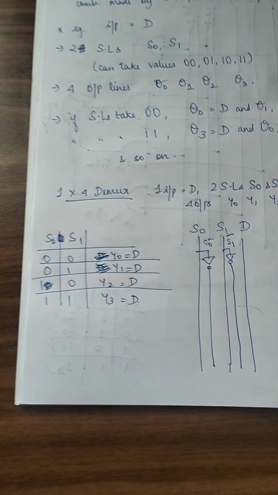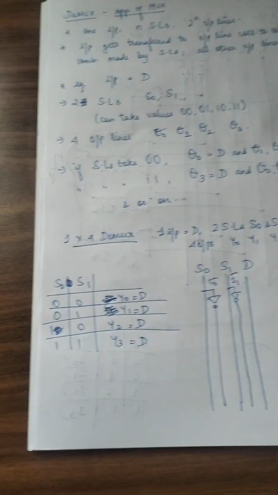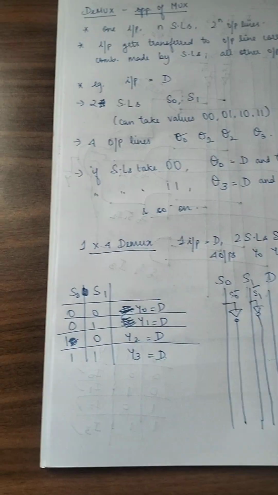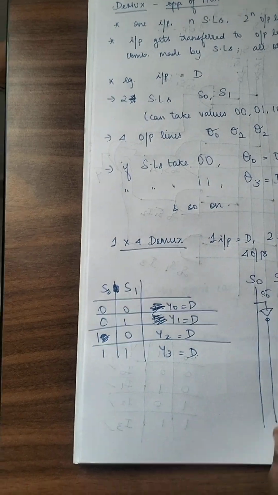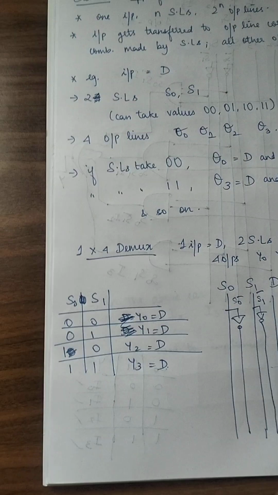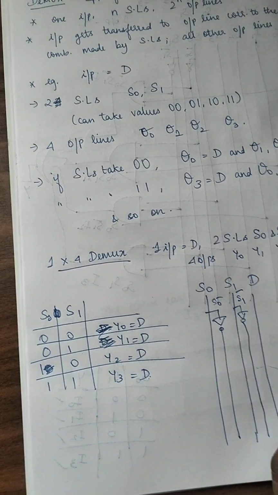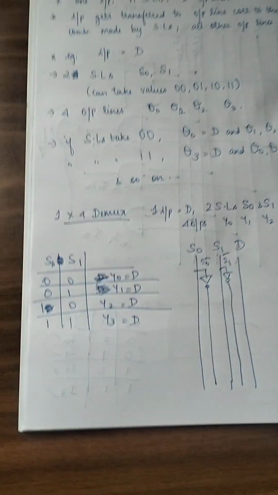Now if you have watched the video pertaining to multiplexers, or if you are aware of how a multiplexer is constructed, you will know that we figure out a logical expression involving some form of S0, S1 and D, such that when we have the combination 0 0, that expression should evaluate to D, and in all other cases that expression should evaluate to 0.